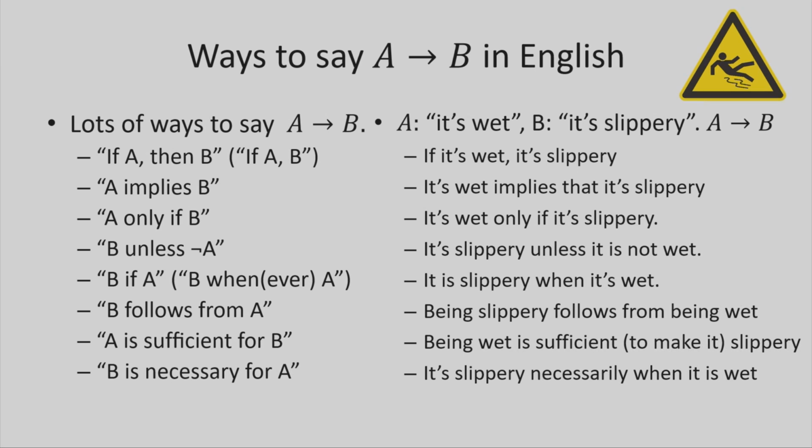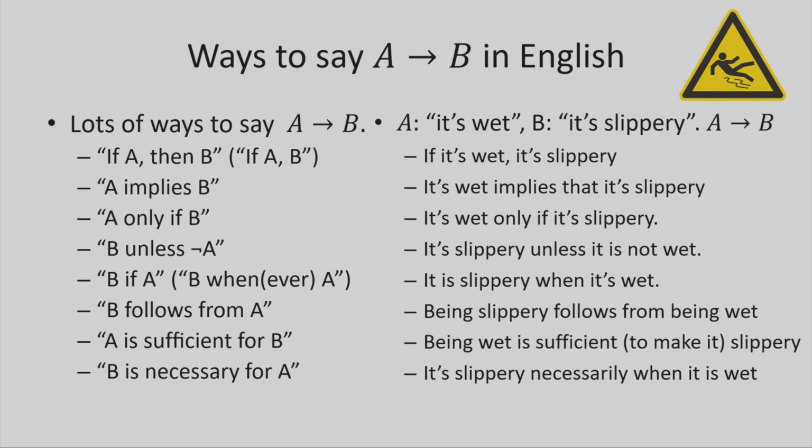Here is an example why English is hard. Here are all the different ways, well, maybe not all, but at least some of the different ways to say A implies B in English. And some of them kind of make sense. Some of them, at least for me, take a while to wrap my head around.